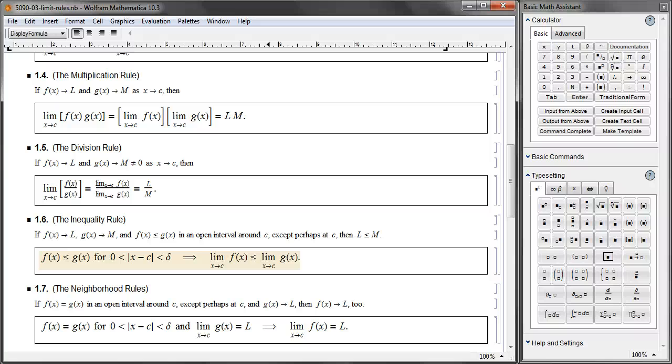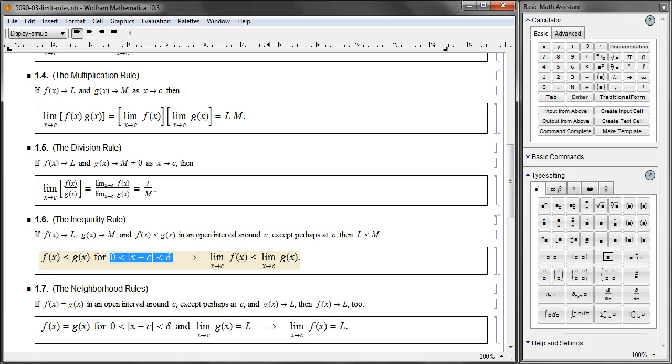If f of x exceeds g of x really far away from c, then who cares, because we're talking about the limit. And also, when x is equal to c, that single point we do not consider. And that's why we have this statement over here.